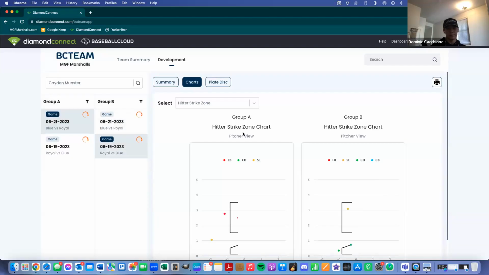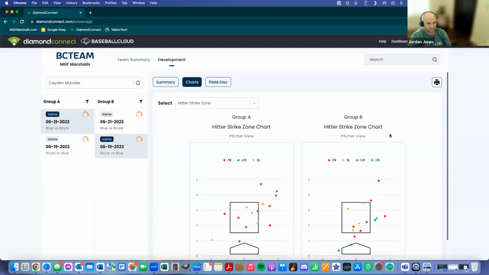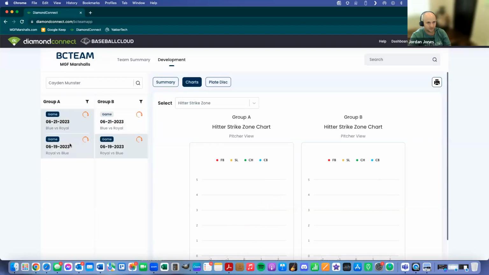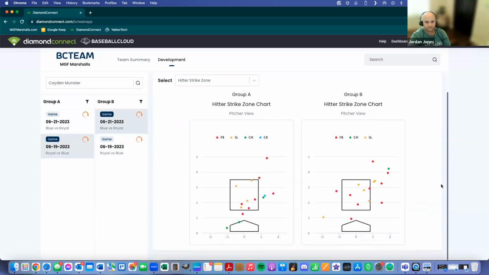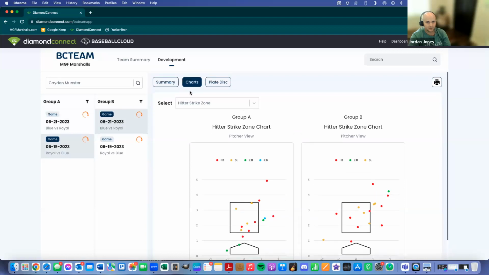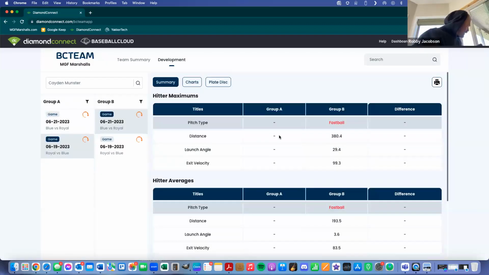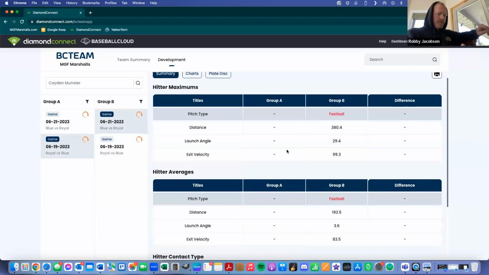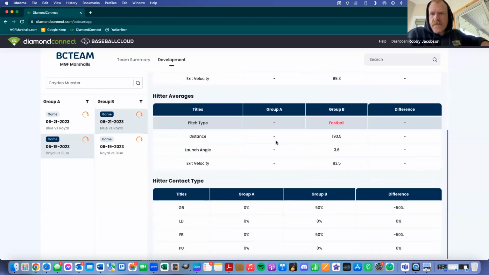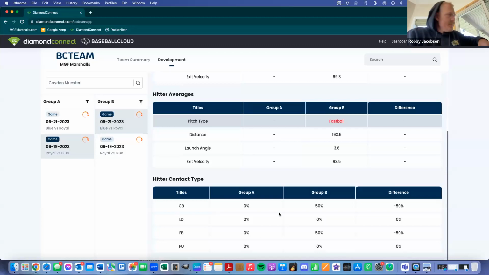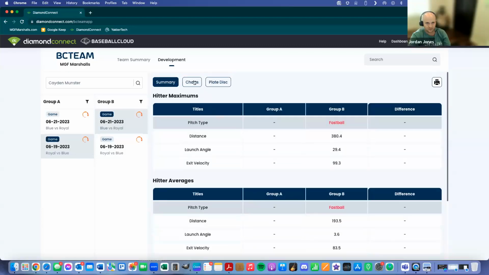Okay, but this would be the right way: you want to compare the two different dimensions, A and B. So let's just do summary. Now you're good. So we can see averages, contact type. Okay. Charts.